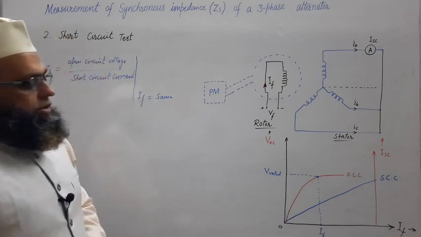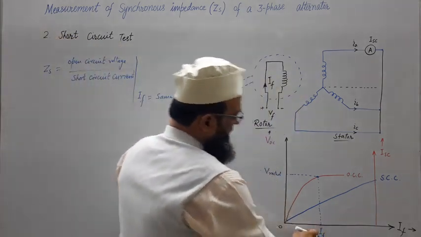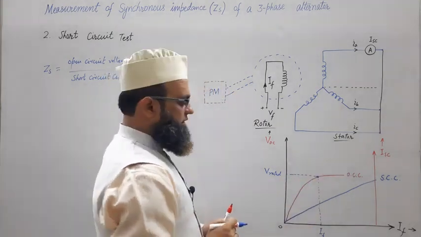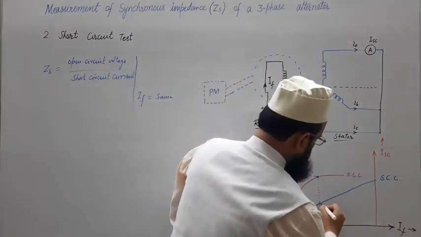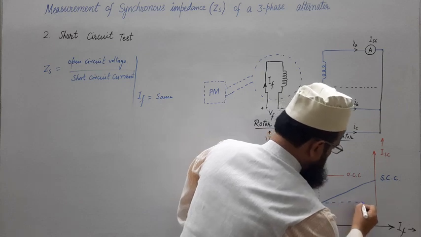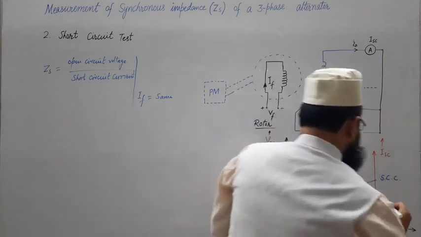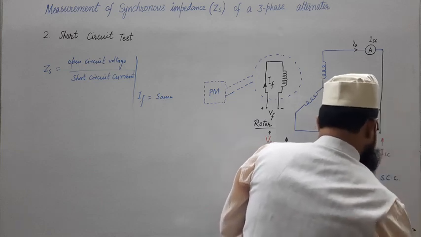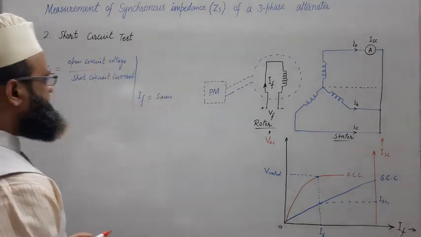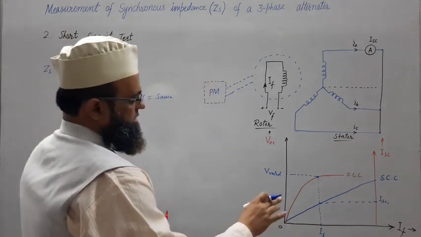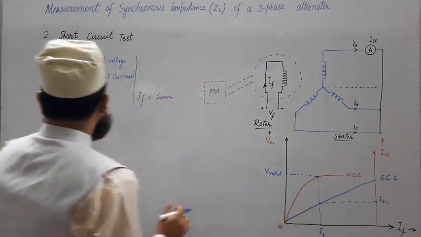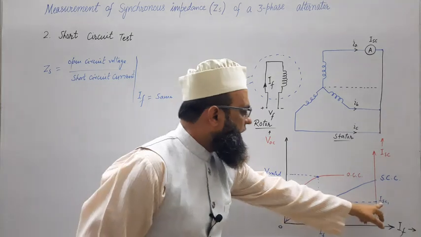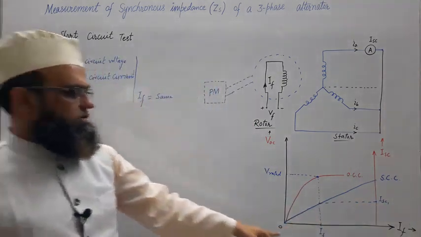So the same value of field current, which gives V rated in open circuit test, will give this, let us say ISC1. So we will get ZS equal to this V rated upon short circuit current ISC1 for the same value of IF.